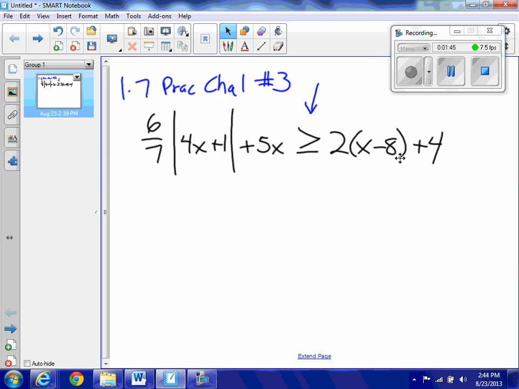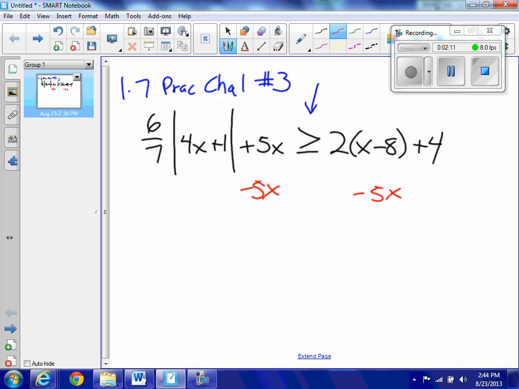So to start, since it's an absolute value problem, and I have a variable inside my absolute value sign here, I am going to want to try and isolate the absolute value on the left side of my function. So I'm going to start by getting rid of this 5x. So I'm going to subtract 5x from both sides.